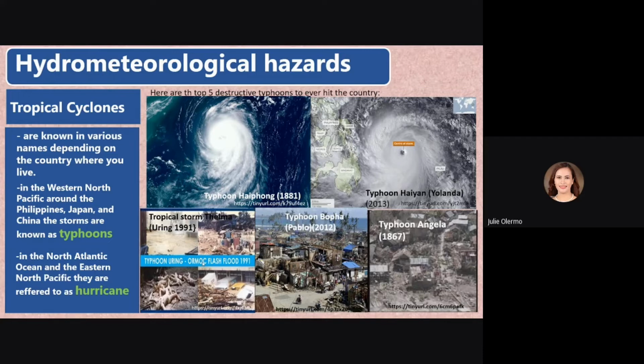By the way, tropical cyclones are known by various names depending on the country where you live. In the western North Pacific around the Philippines, Japan, and China, the storms are known as typhoons, while in the North Atlantic Ocean and the eastern North Pacific, they are referred to as hurricanes.